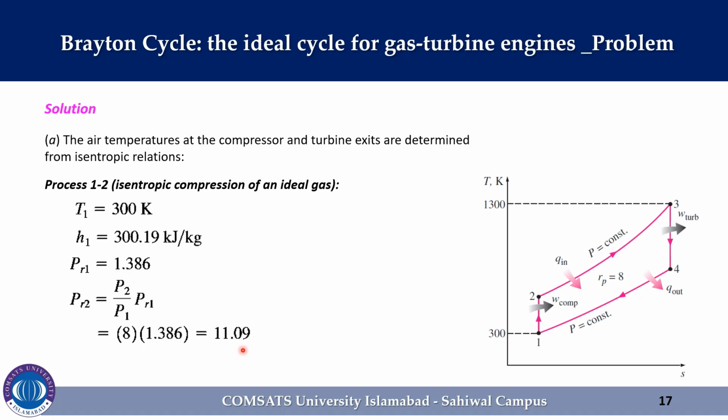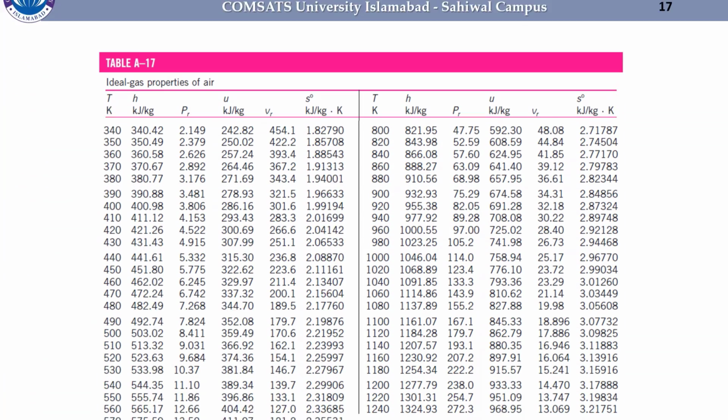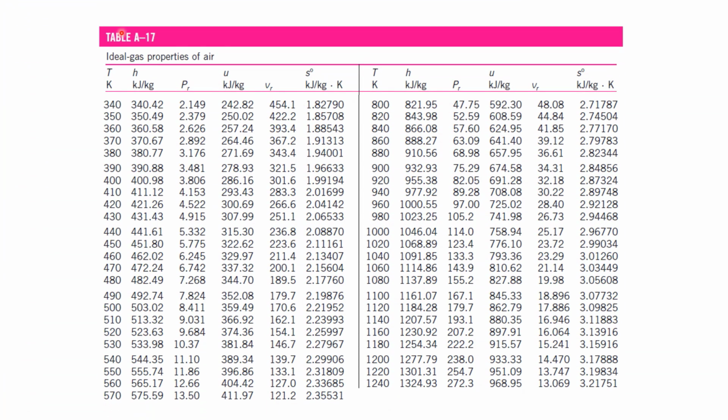Now once again we go to table A17 to find the temperature against the relative pressure 11.09. In table A17 the value 11.10 is very close to 11.09, so we take the temperature against 11.10.